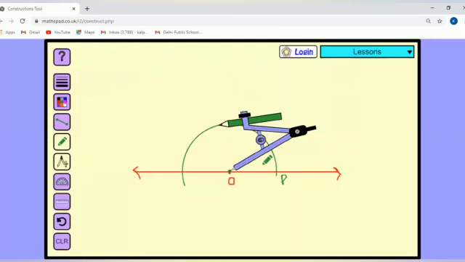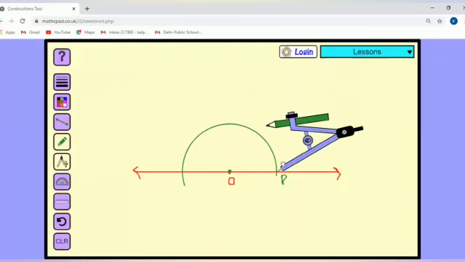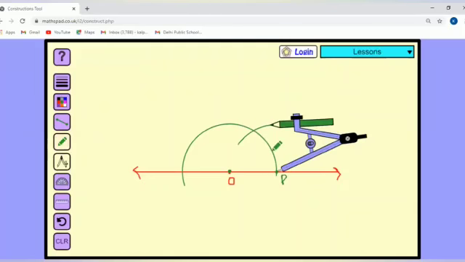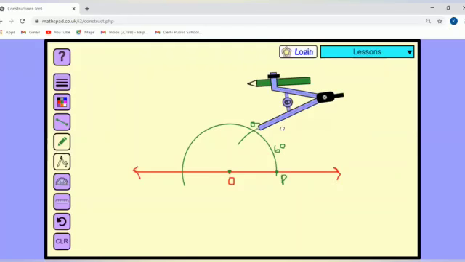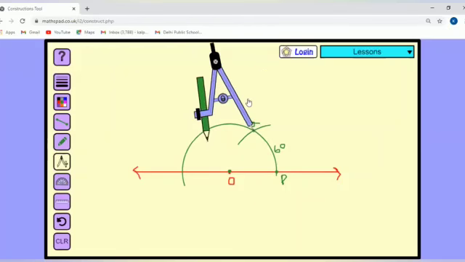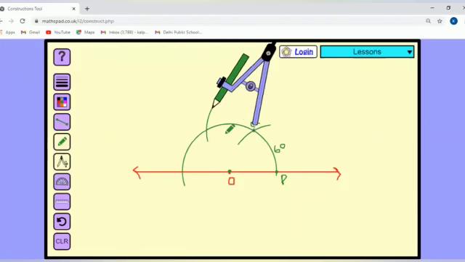Now taking P as center, draw an arc of 60 degrees. Then from here mark as Q. Now taking Q as center, again cut the arc which is next to 60 degrees.